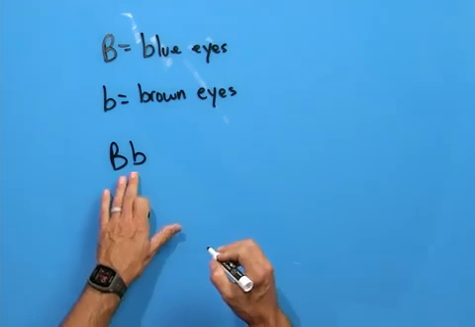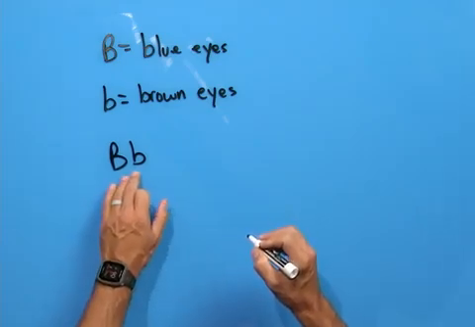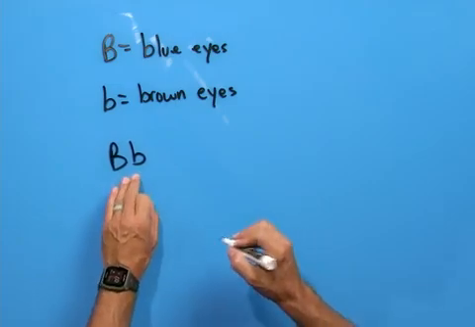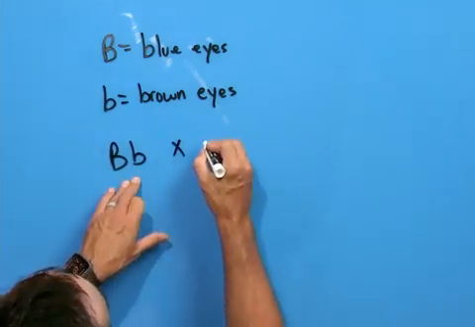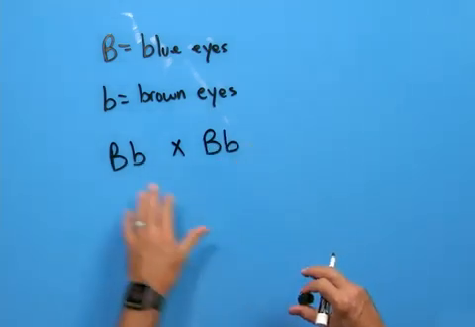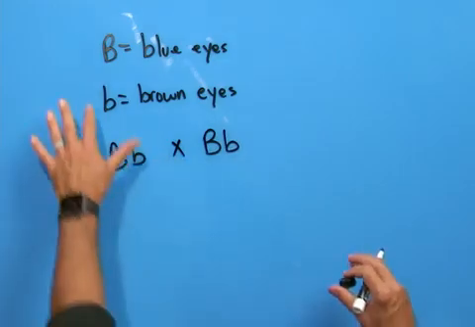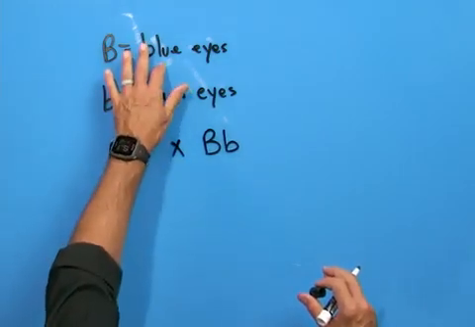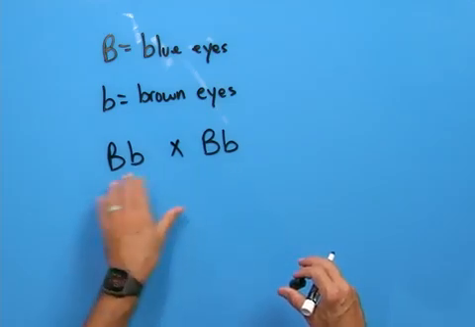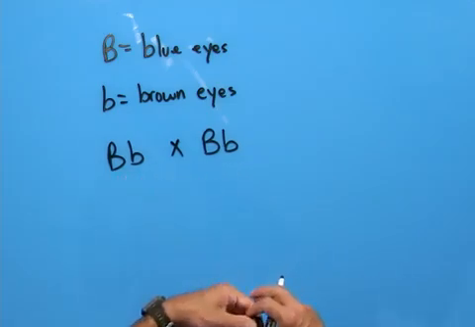Just take a moment and think about what color eyes this parent would have. And we're going to cross them with another parent who has the same genotype. Both of these parents, if we look at our key here, would have blue eyes. Remember, the dominant allele covers up the recessive allele. So both of these parents would be blue-eyed, okay?